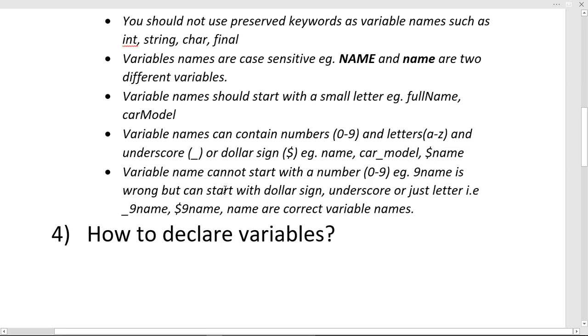Now the final rule is that variable names cannot start with a number. Like 9name is just a wrong variable name, but you can always start with a dollar sign, underscore, or just a letter. Like this one, this is correct. This is also correct because it started with a dollar sign, and this one is also correct. They are correct variable names.